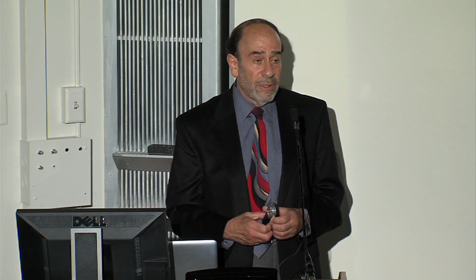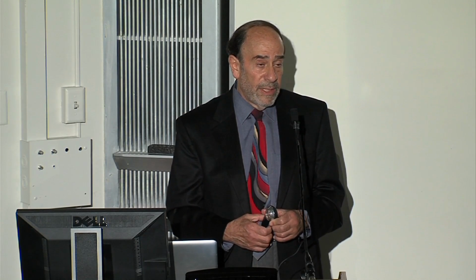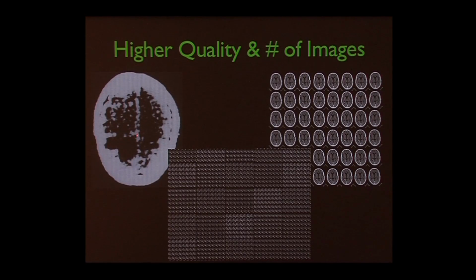And CT scanners had a big degree of progression, a lot of technological development, from the time of the first CT scanner. This was a head scan back in 1973, and they became better and better, thinner and thinner slices, faster image gathering, and more images.